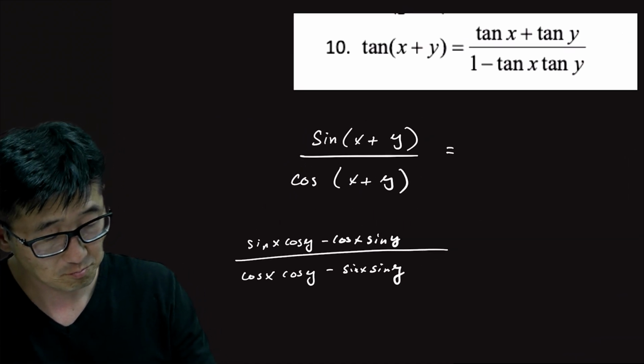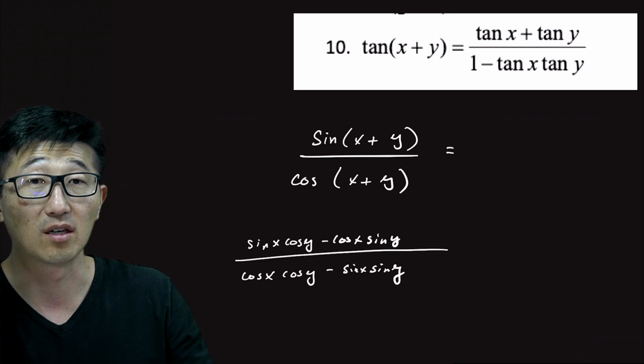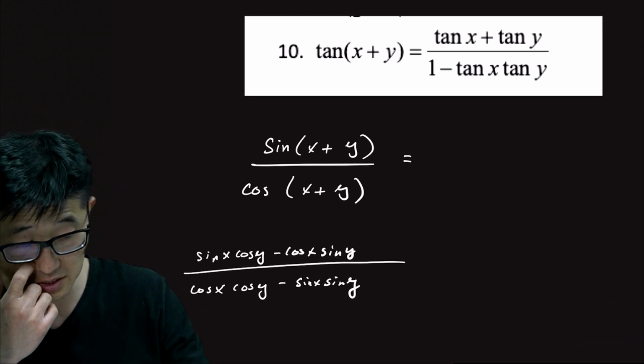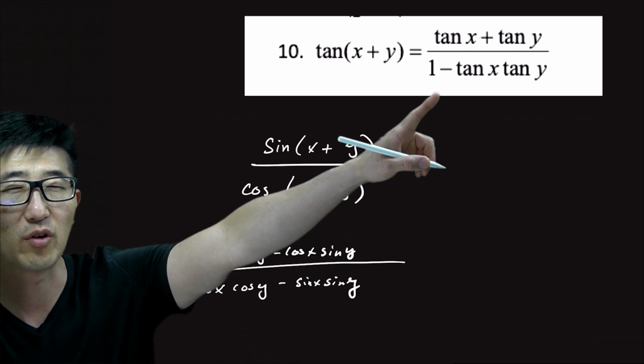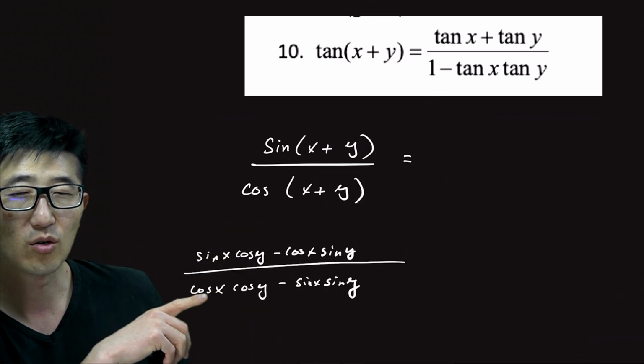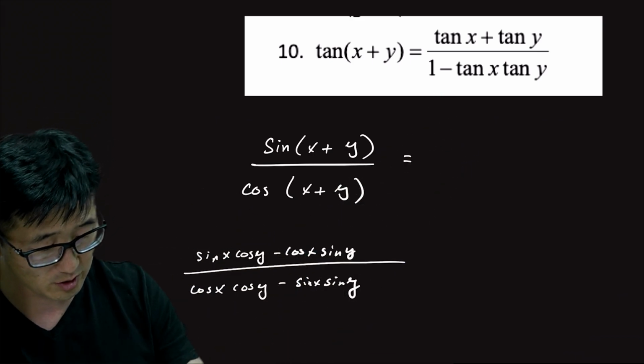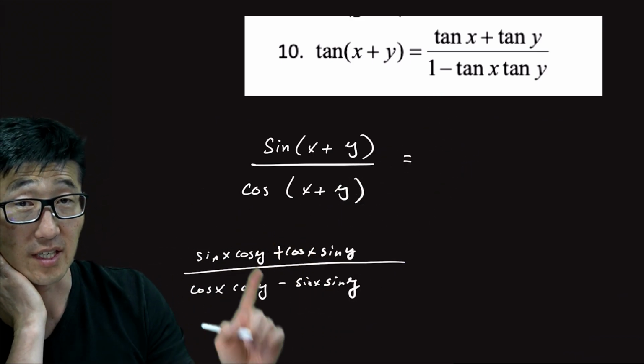Now you're looking at this and thinking, okay, what do I do next? Well, there's a little trick that you have to see. You glance at the right side and see a negative on the top, and a positive, so the signs are matching up.